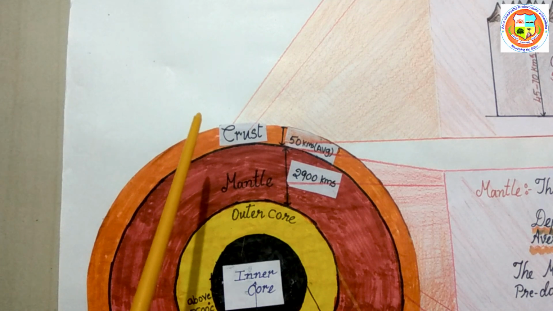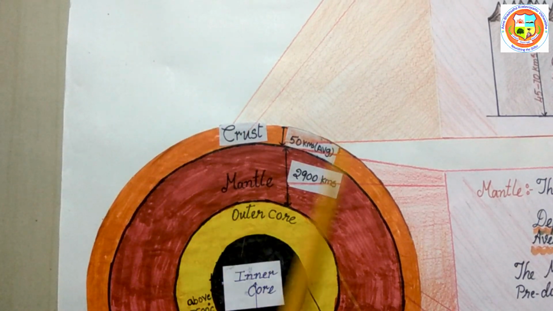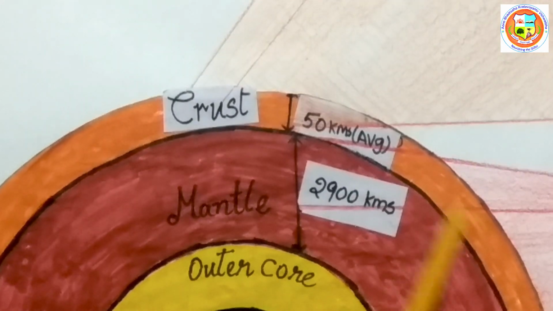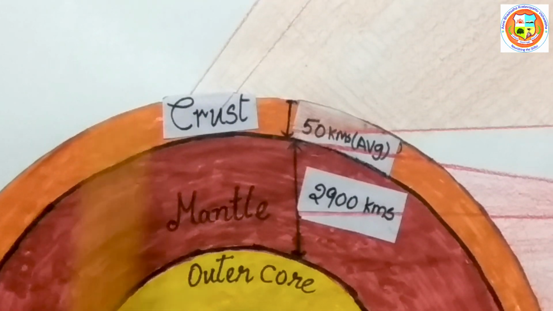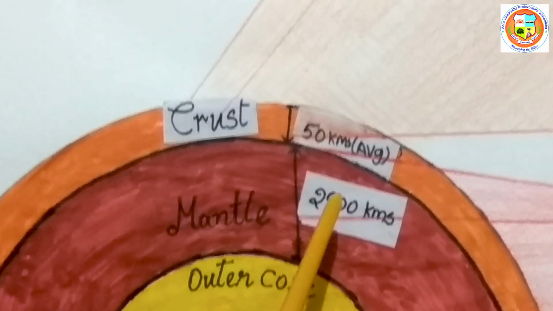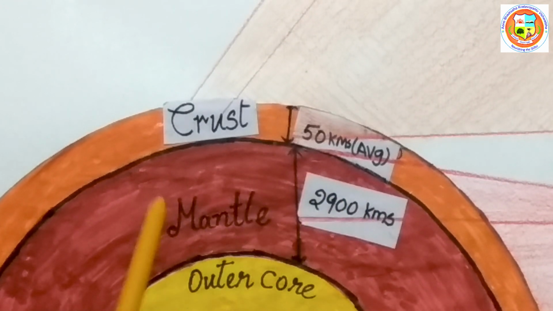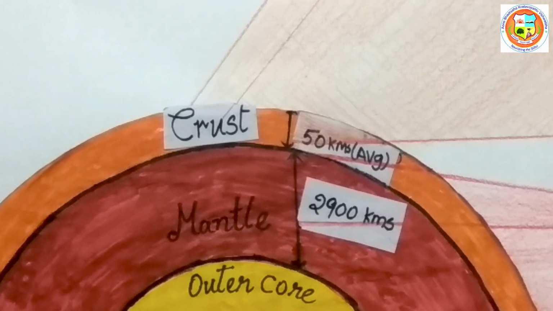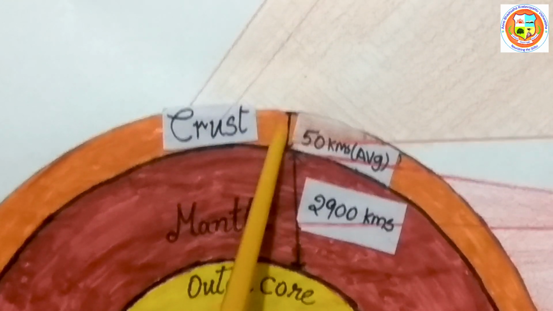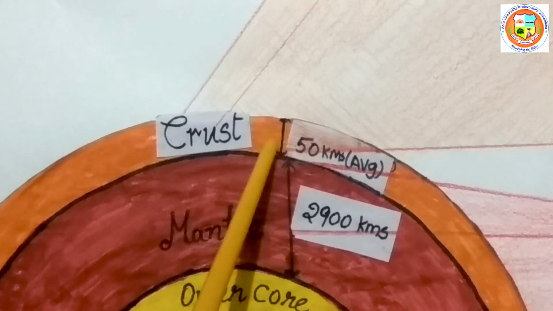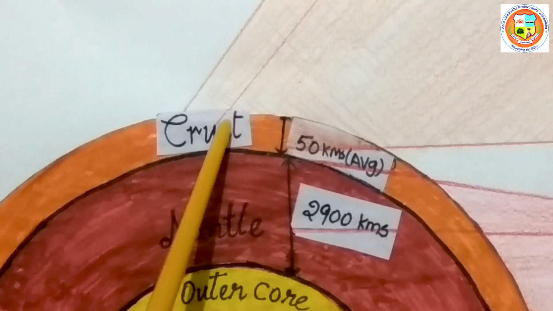Now we are going to learn about the crust. The outermost layer is the solid crust. The crust is the topmost solid layer of the earth, and its average thickness is 50 kilometers.